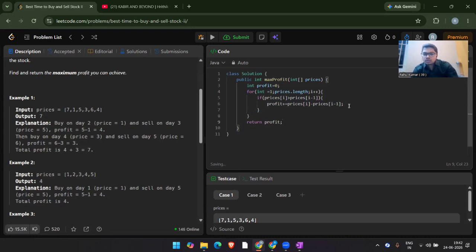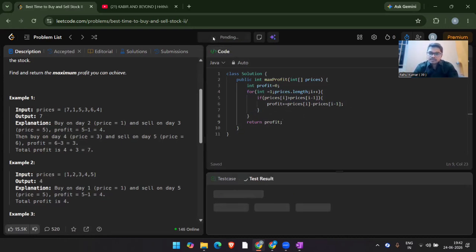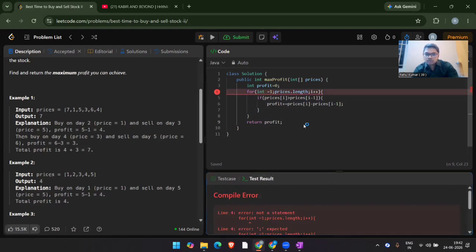So let me run this code. I'm having some error. So this is a syntax error.